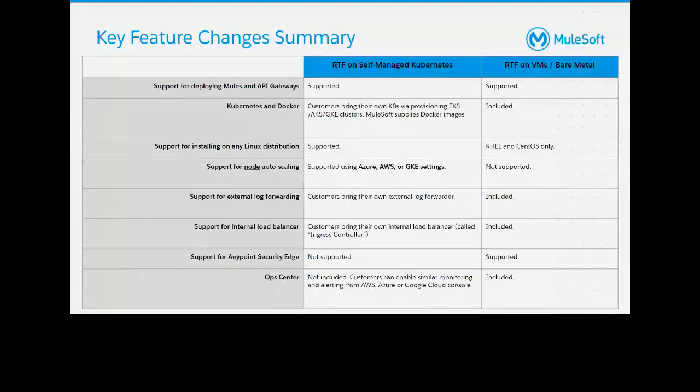The Kubernetes and Docker components are included in the appliance model. So I told you Gravity is the flavor of Kubernetes used there. In the self-managed Kubernetes model, you bring in your own AKS, EKS, or GKE cluster, and then MuleSoft will supply the Docker images to instantiate the Mule runtimes.